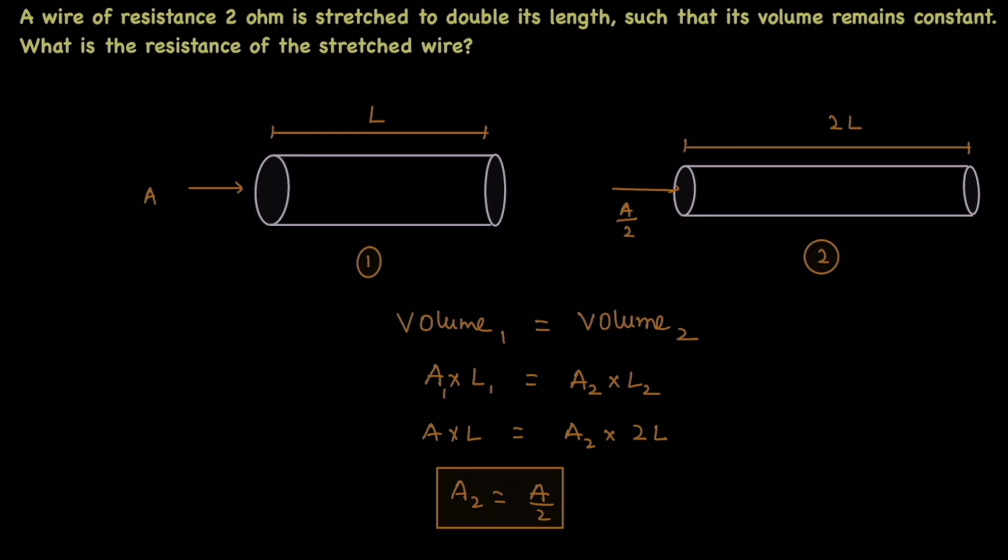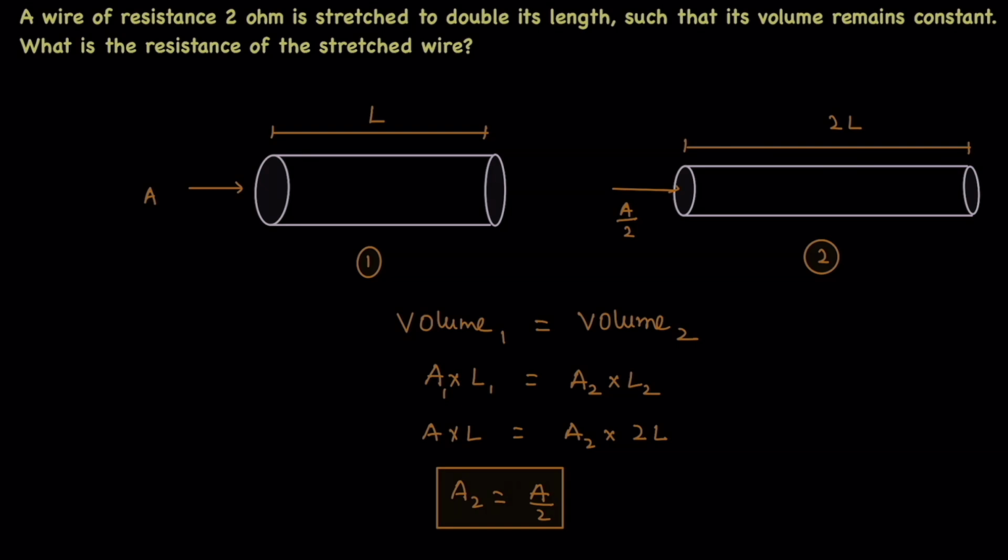We have to always remember this concept. When the length becomes double or triple, area will become half or 1/3, and it is vice versa. So if area becomes double, then length will become half. Many times students get confused. They only think about the length but area will also change.